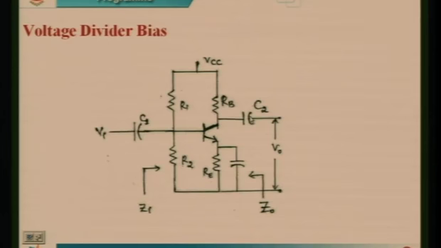Next, let us consider the voltage divider bias circuit. The analysis of the voltage divider bias circuit is identical to a fixed bias circuit.